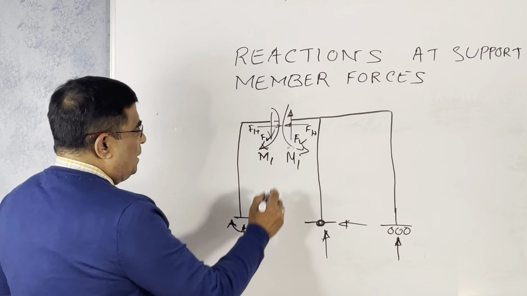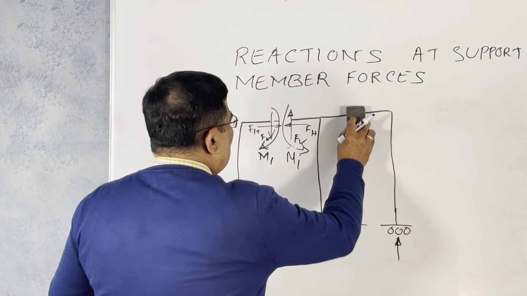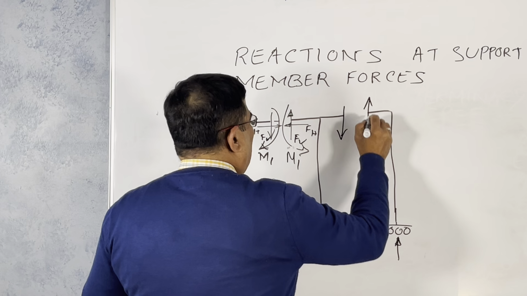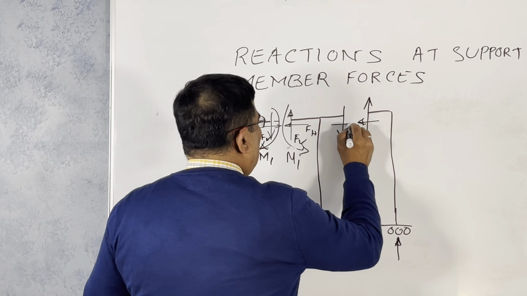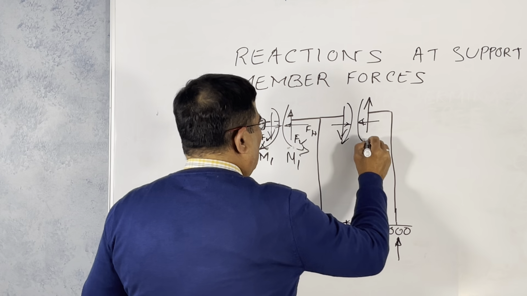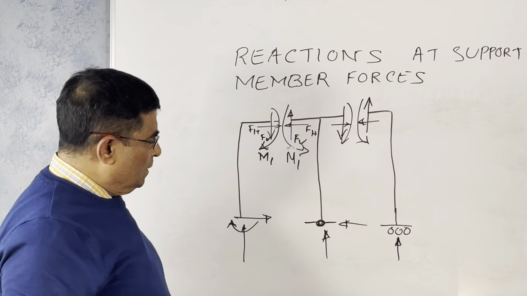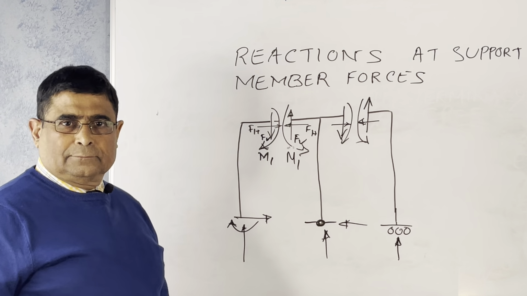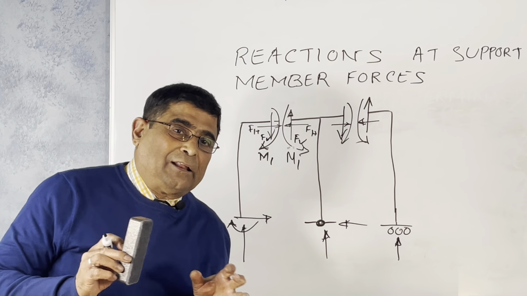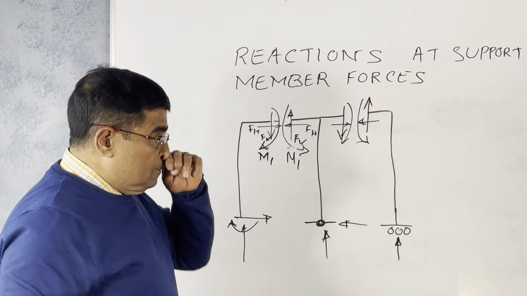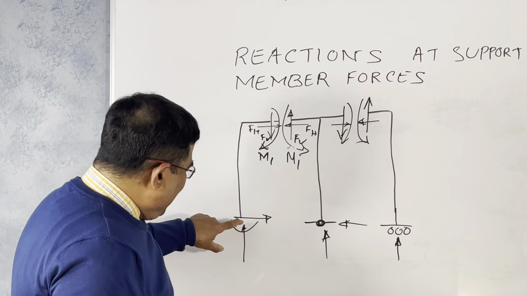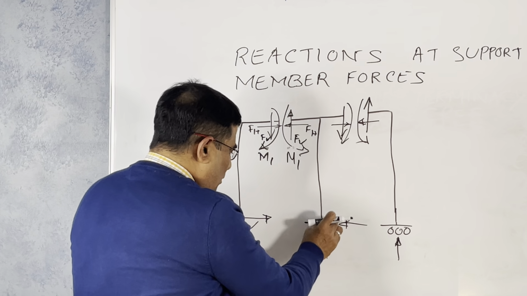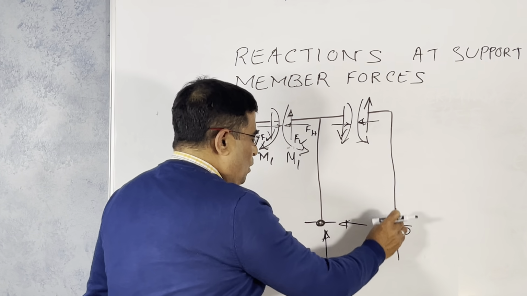Now you see these are the forces here, and we cut it the same way. We are not going to cut here and there and there. We cut only in such a way. I will tell you a technique: this member should have at least one support, this part should also have one support, and this part should also have one support.